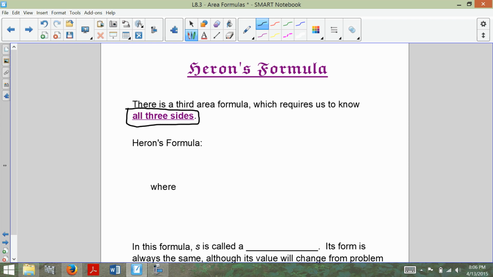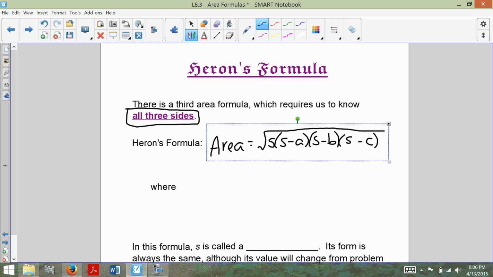Now the area for Heron's formula is the square root of s times s minus a times s minus b times s minus c.